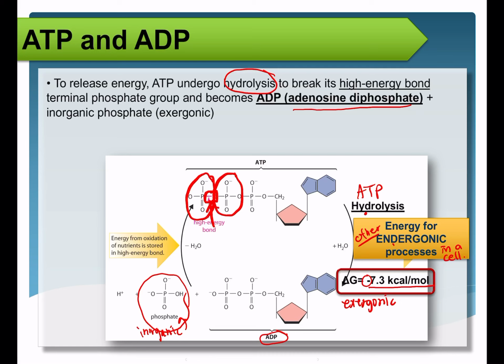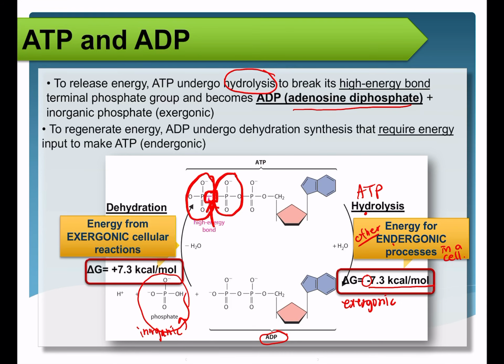Okay, we can also make ATP molecules through a dehydration reaction. And again, something we talked about in chapter 3, dehydration is where a bond can be formed. And in this particular case, we're forming a bond again between an ADP molecule and an inorganic phosphate to remake ATP once again.